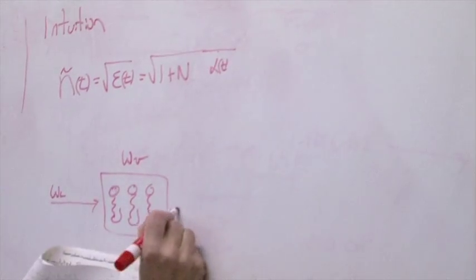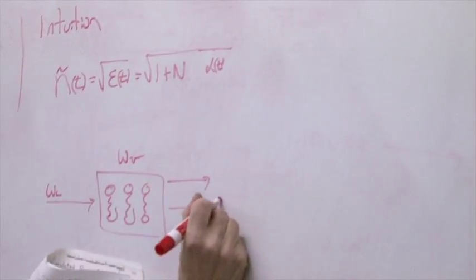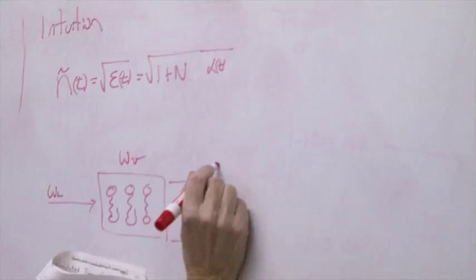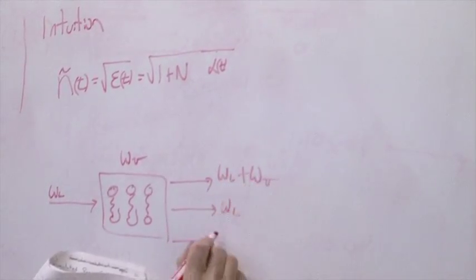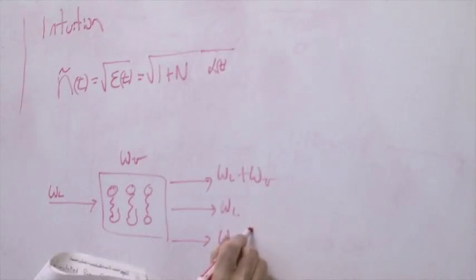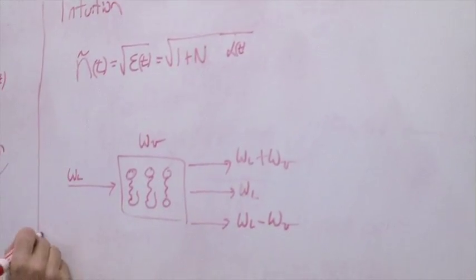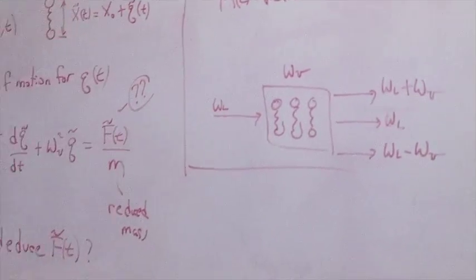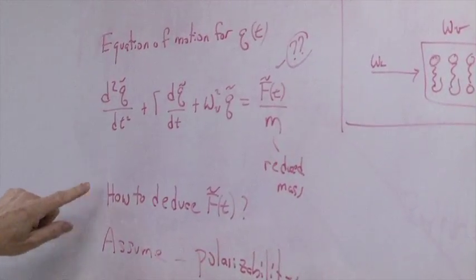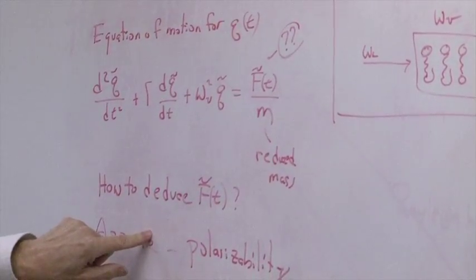And because of that, we'd expect that at the output, you will induce two new sidebands. In addition to omega laser, you'll have omega laser plus omega v and omega laser minus omega v. Okay, so that's the intuition, but we still have to now figure out how to deduce the force on this degree of freedom.